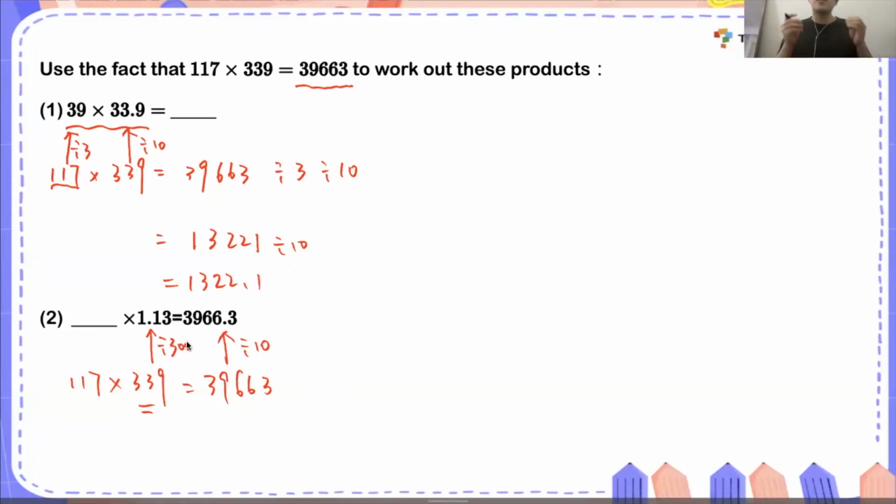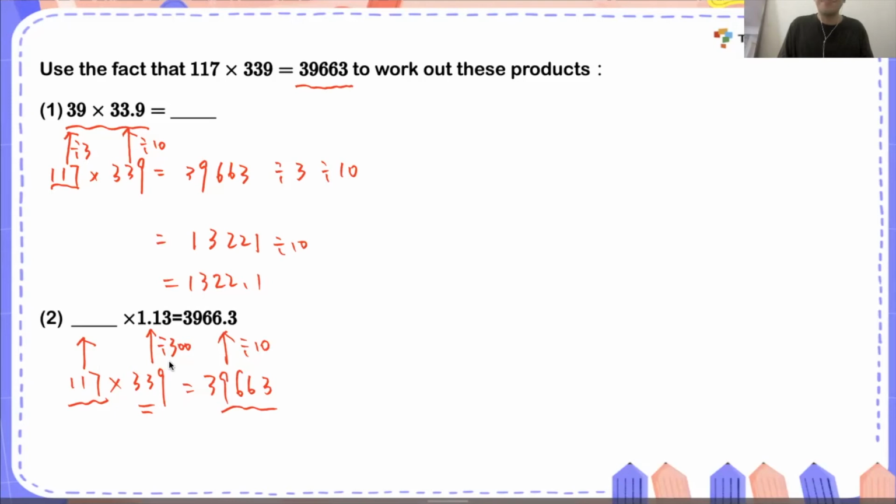Okay, so for this question, how does this 117 change to make the final product have the change of dividing by 10? You can type your answer in the chat box, right? How does this 117 change to make the result change by dividing by 10?